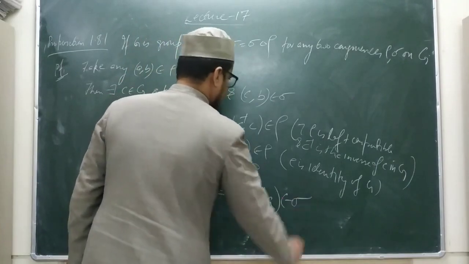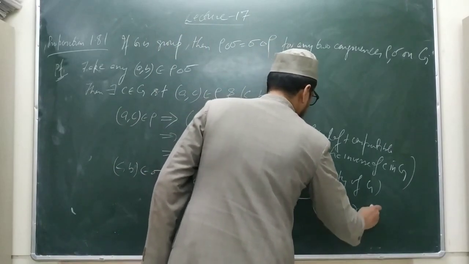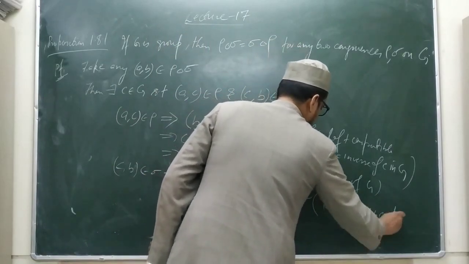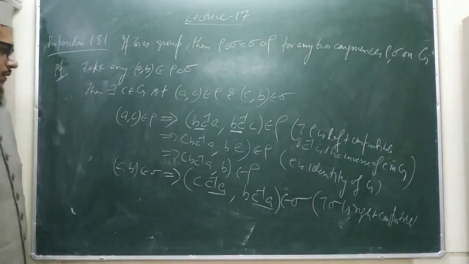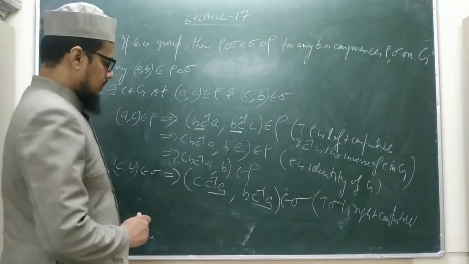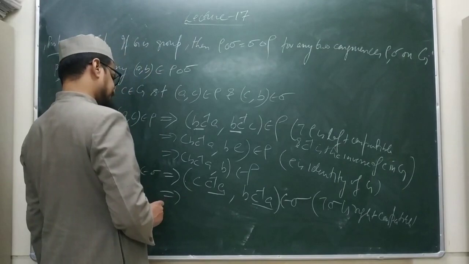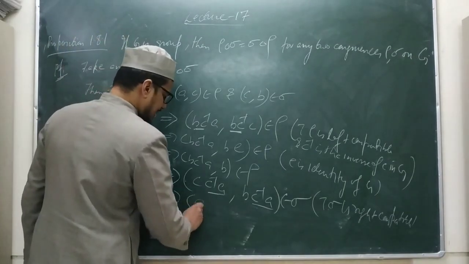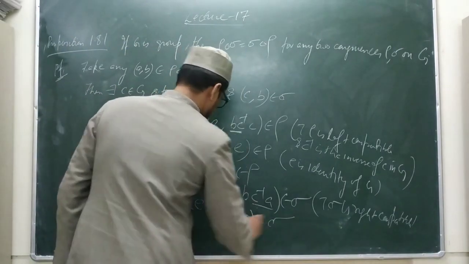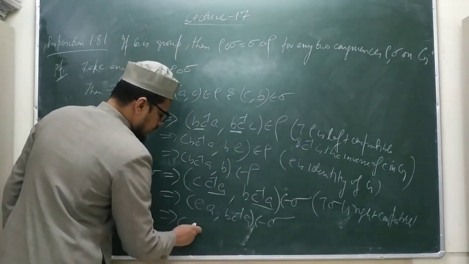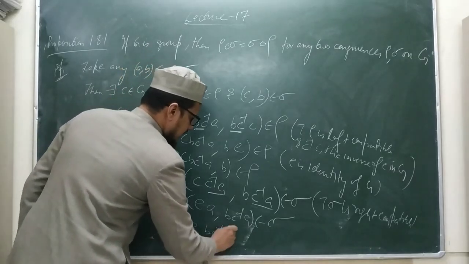It again goes in sigma, since sigma is right compatible, being a congruence. So CC inverse is what? Identity element E into A, so (A, BC inverse A) belongs to sigma. Now it implies E into A is A, and (A, BC inverse A) belongs to sigma.